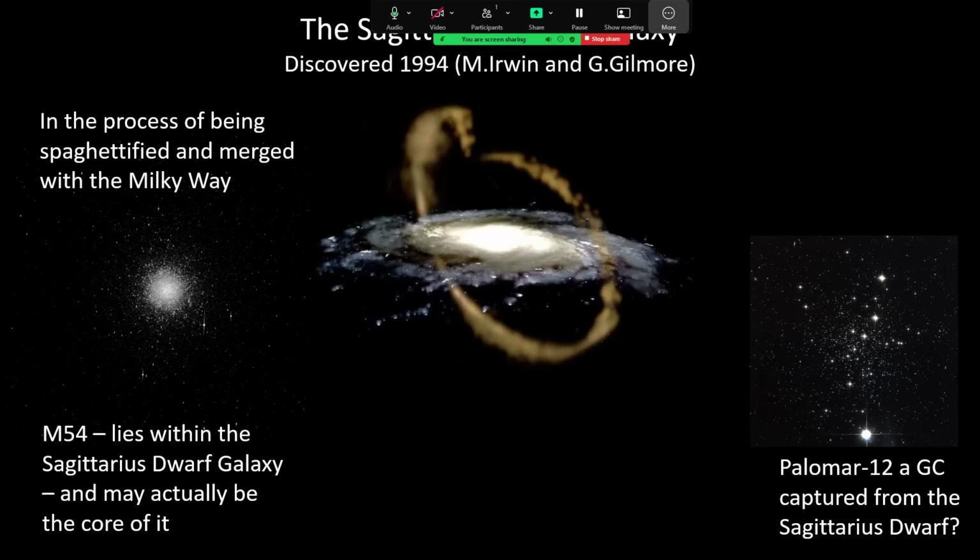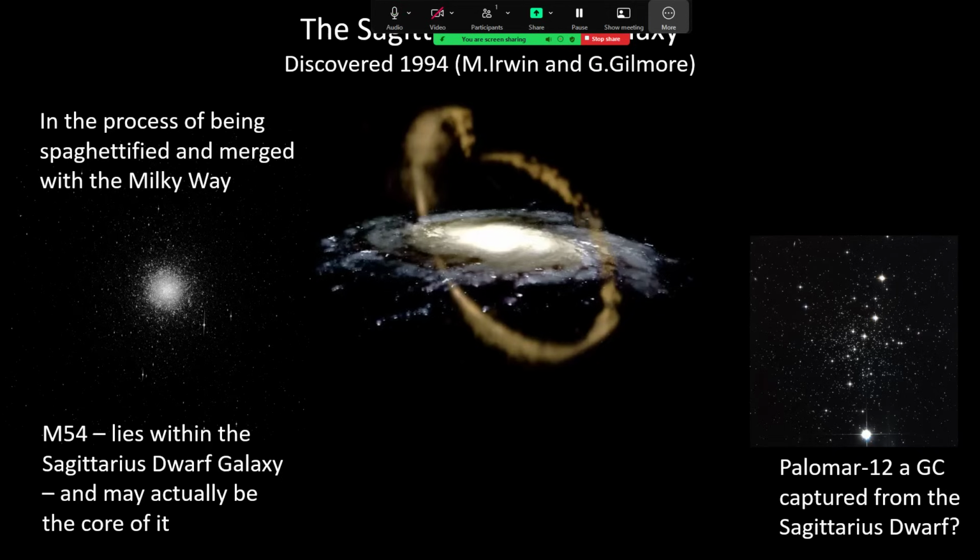And this would bring it all into some sense. There's another picture on the left there of a globular cluster, Palomar 12, quite a small one, that appears to have been captured from the Sagittarius dwarf. So even these dwarf galaxies probably had them before they came too close to the Milky Way and got spaghettified.